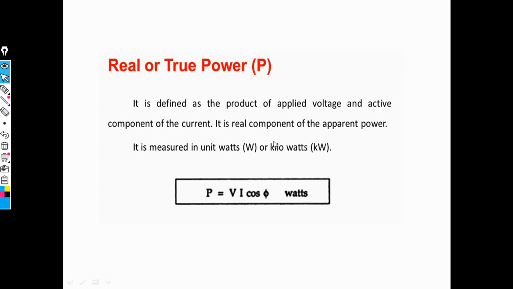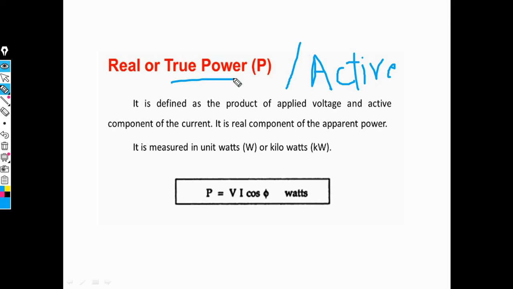Then the next point is active power and reactive power. Active power is also called real power, also called true power. It is defined as the product of applied voltage and the active component of current.